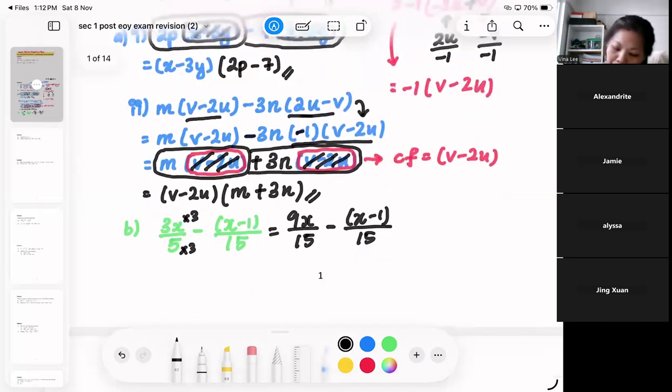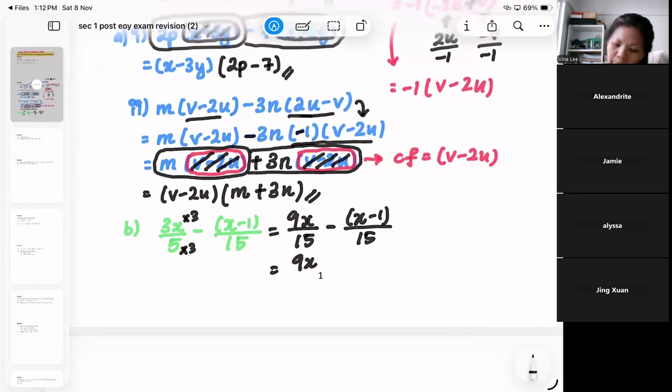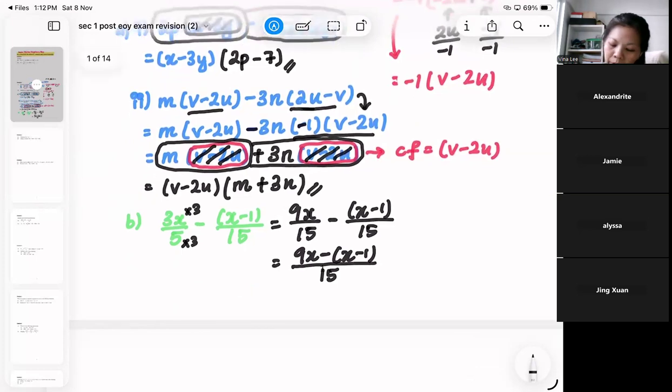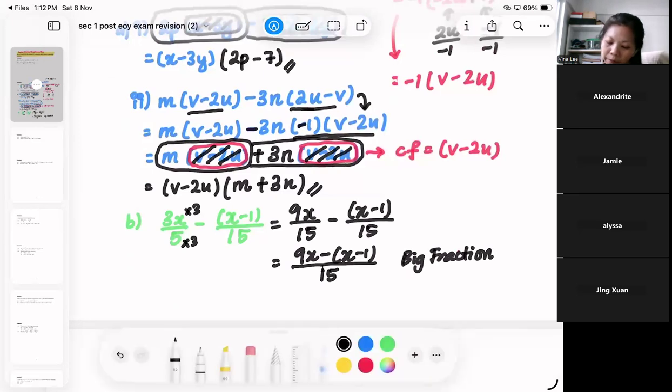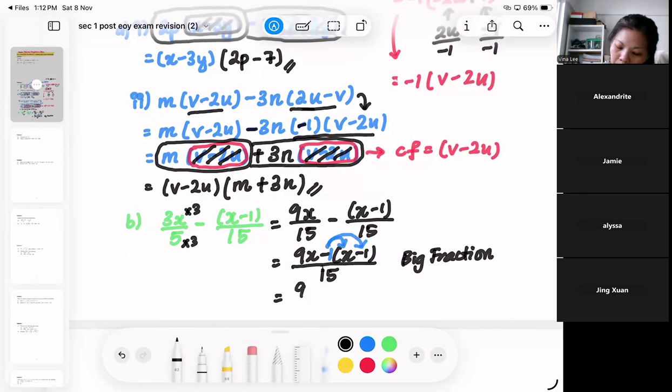What I want to remind you of is the big fraction. When you get the same denominator, make sure you write the big fraction. Some of you tend to make sign errors. After the big fraction, then you multiply in and open up the bracket.